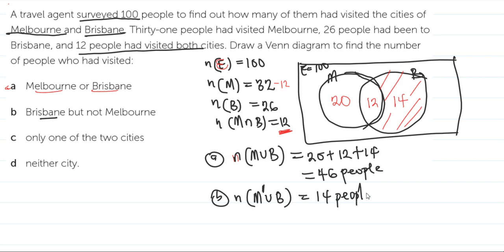Part C says only one of the two cities, that means either this or this, not this one.